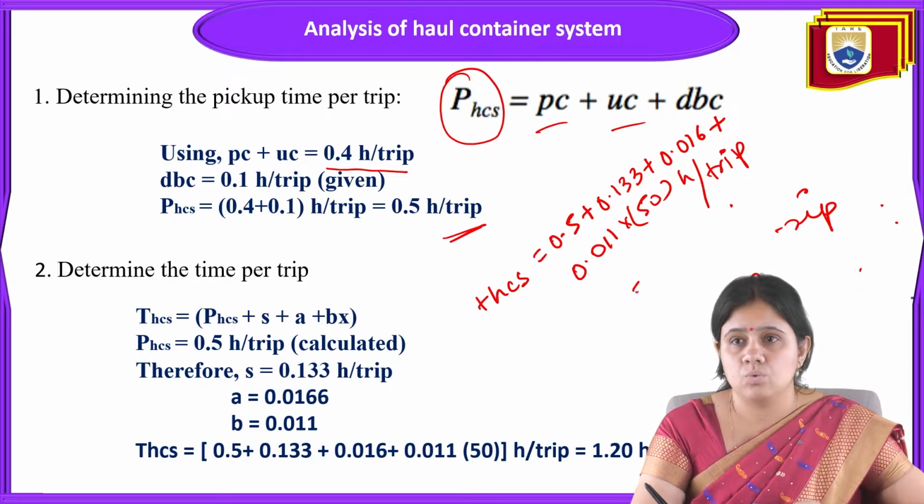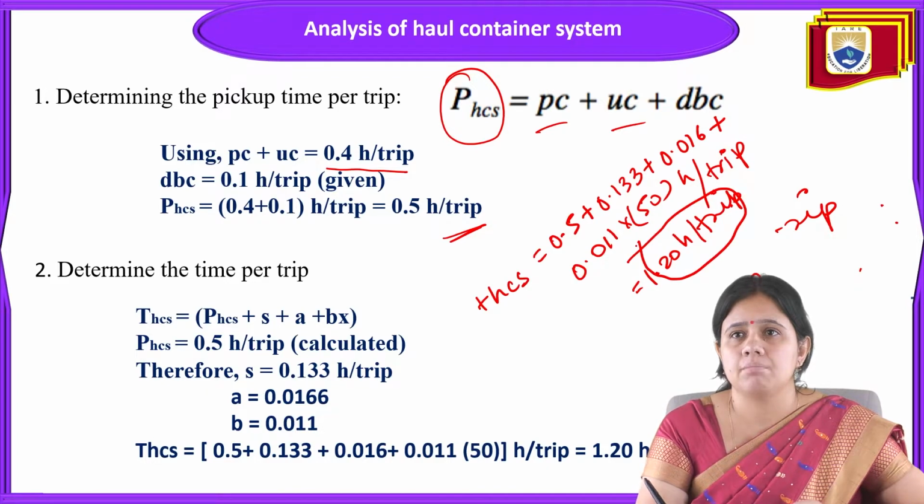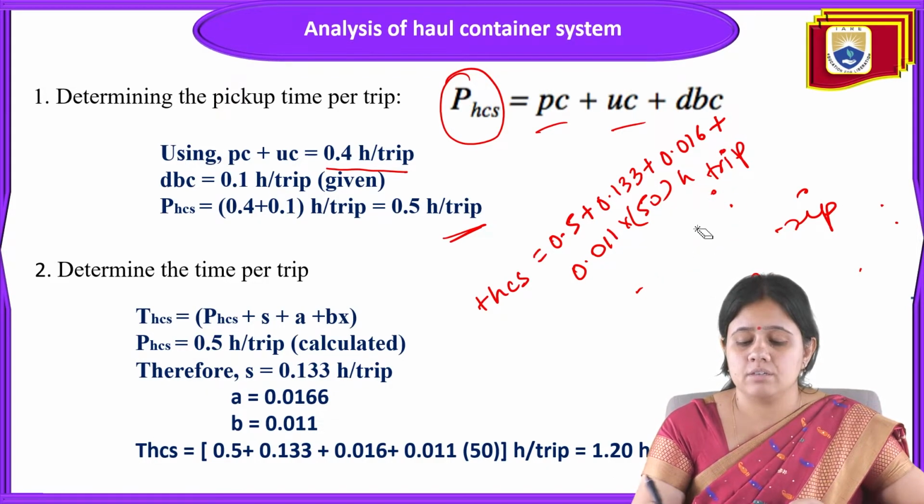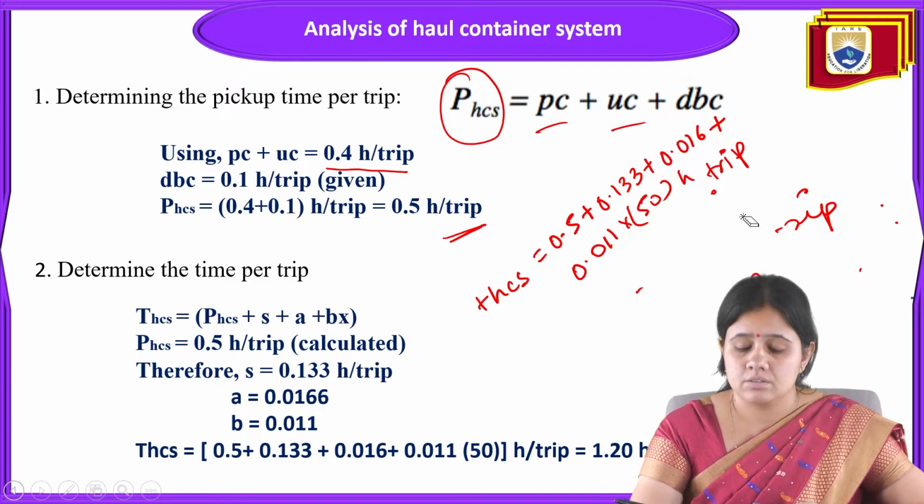So it is equal to 1.20 hours per trip. So this is the time taken per trip.